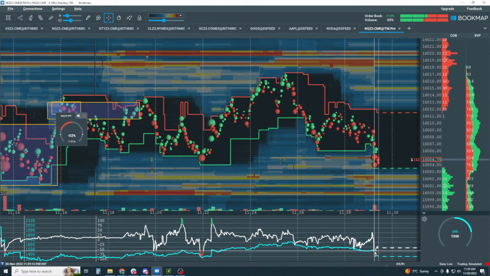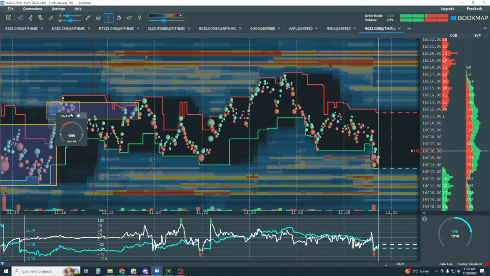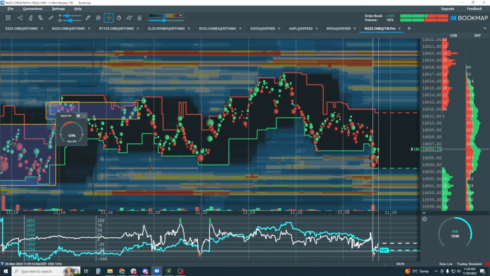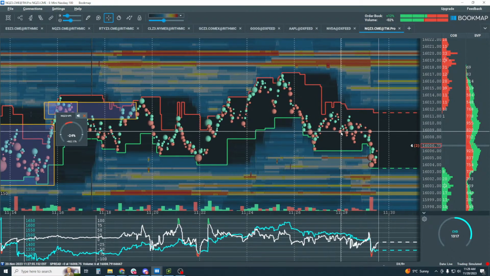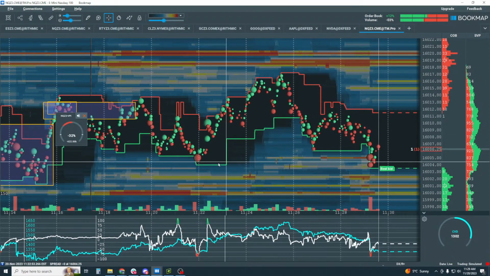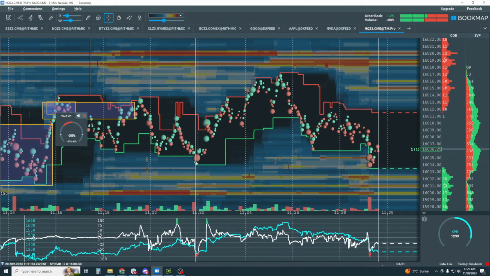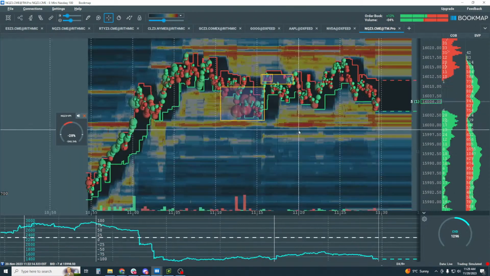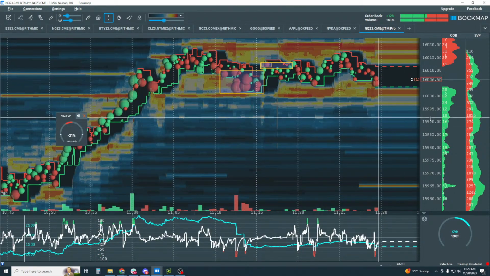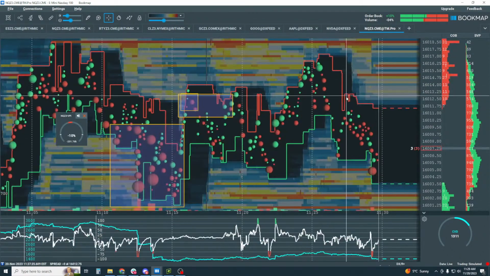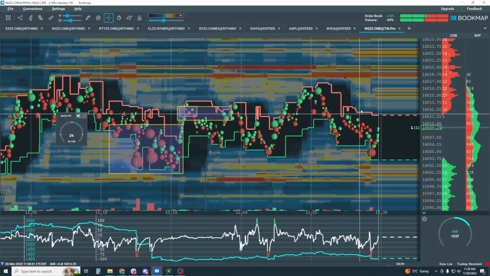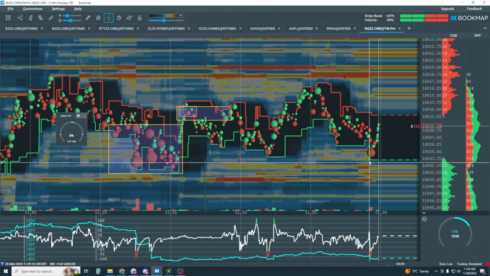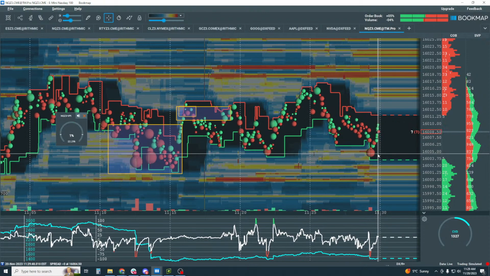Okay, well, we got the volume pressure here that worked off this move on the downside. Here they come right back again. So some tricky moves in here.